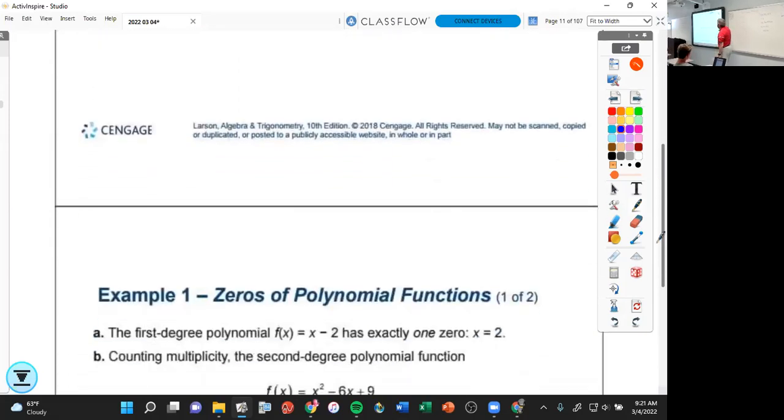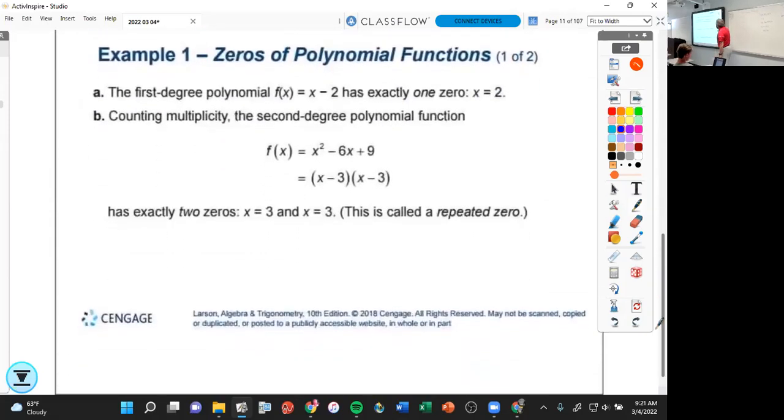It tells me that they exist. The first degree polynomial, f of x equals x minus 2. What's the degree of that polynomial? 1. So how many zeros does it have? 1. Where is it? At 2, right? Because you set x minus 2 equal to 0, that means x equals 2.